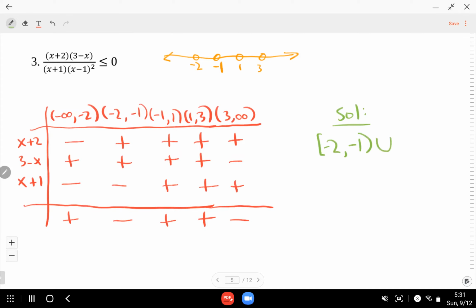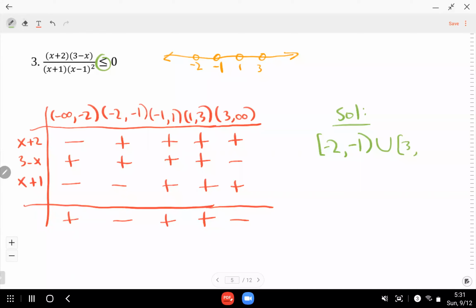And then we're going to union that with the other interval, which is 3 to infinity. Now, since it's less than or equal to 0, we can have 3, right? Because it's on the numerator, it doesn't matter. If you have 3 as x, then the numerator is 0, but since it can be less than or equal to 0, we can include 3. So 3 to infinity, not included.